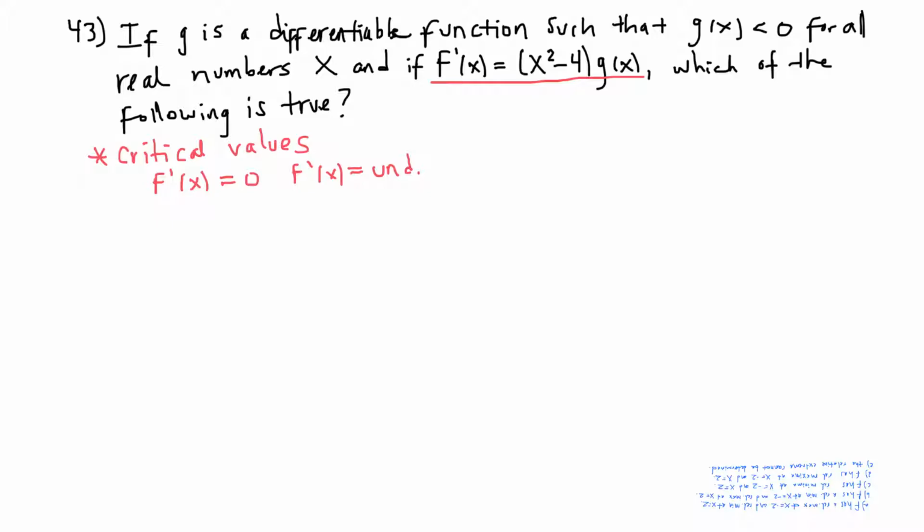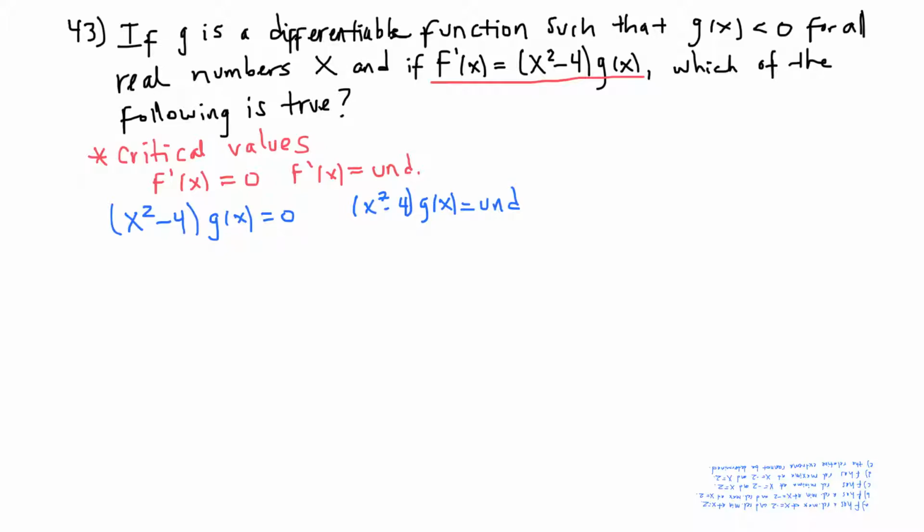It's right there. So x squared minus 4 times g of x, right? That's f prime, equal to 0. And x squared minus 4 times g of x equal to undefined.